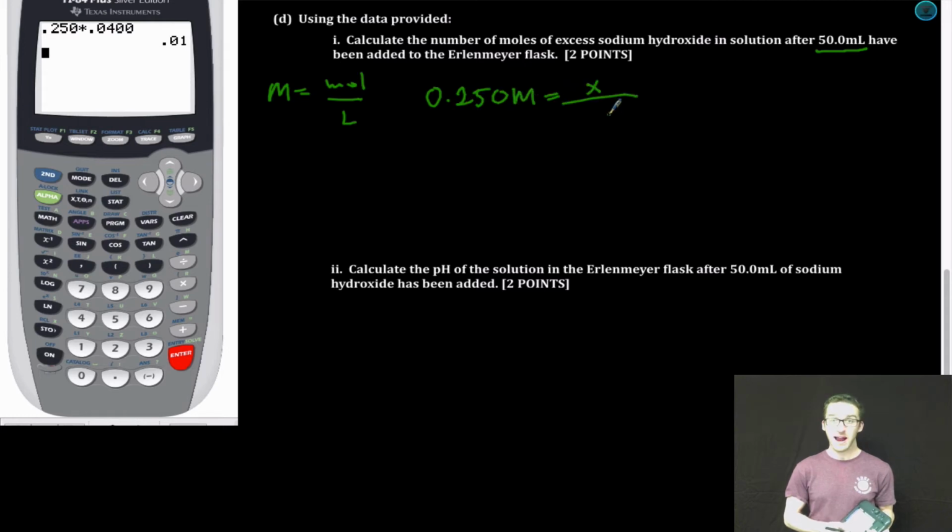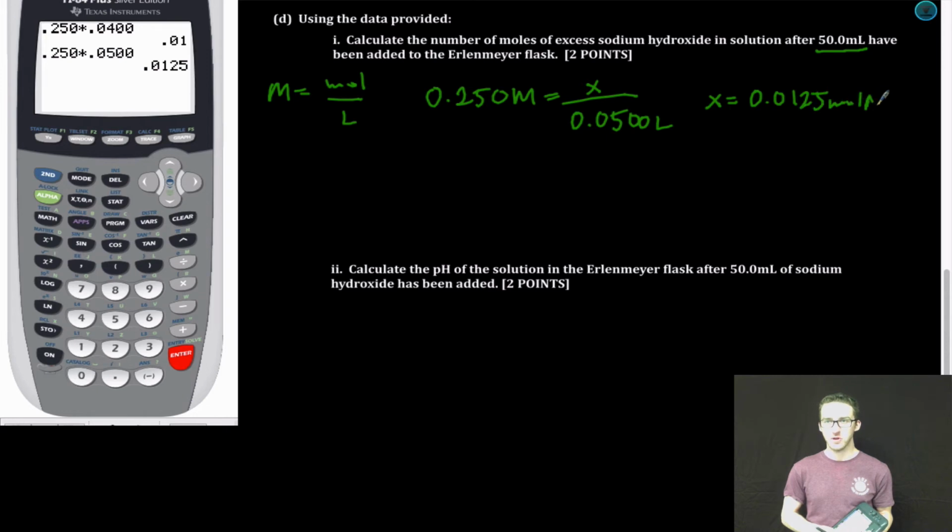I'm going to think about how many moles of sodium hydroxide I added after putting in 50 milliliters or 0.0500 liters of that solution. Quick jump to the calculator. After adding 50 milliliters of a 0.250 molar sodium hydroxide solution, I've added 0.0125 moles of sodium hydroxide.